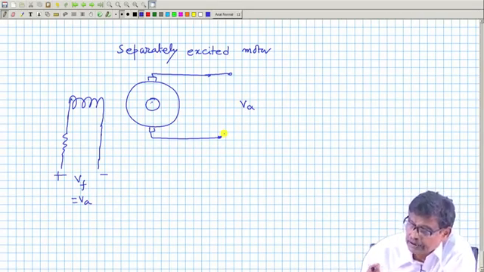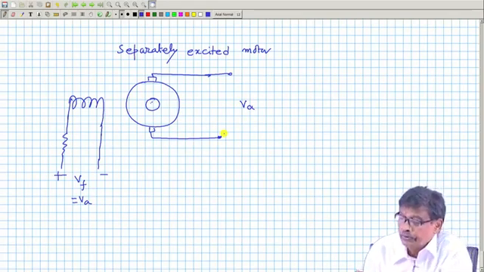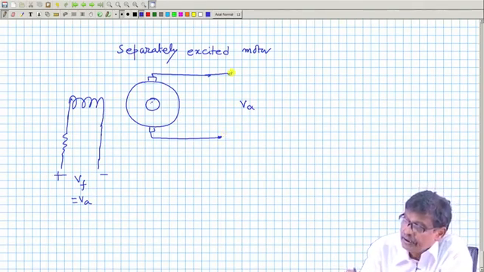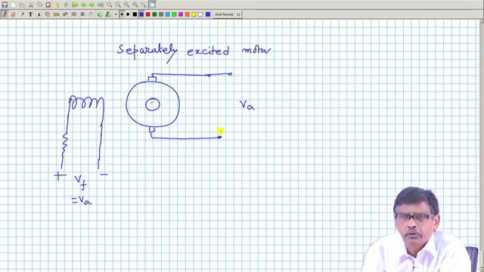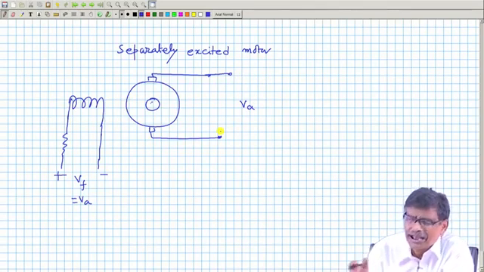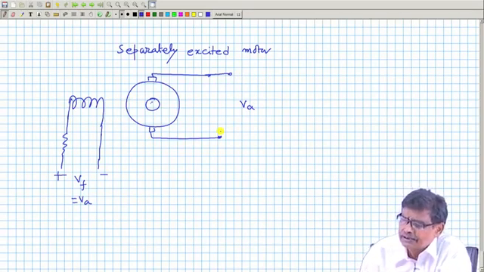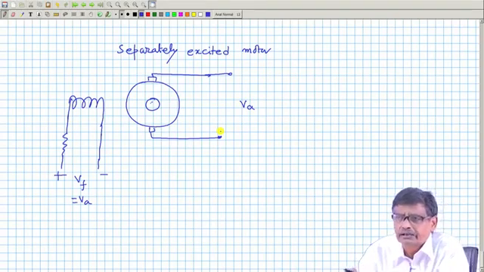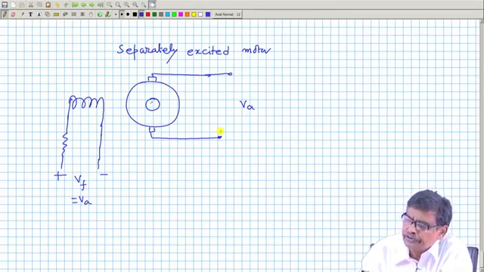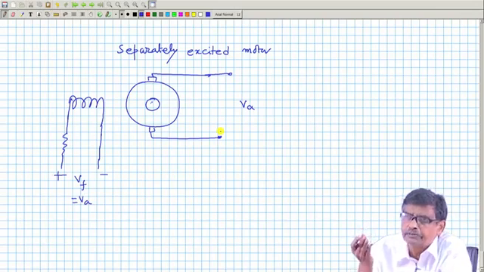That will come later. Now, as I told, when you switch on the supply, there is no back EMF. So, some starting arrangement is to be made, we will discuss later. An external resistance you connect to limit the current to its rated value. As the machine picks up speed, cut that resistance out.